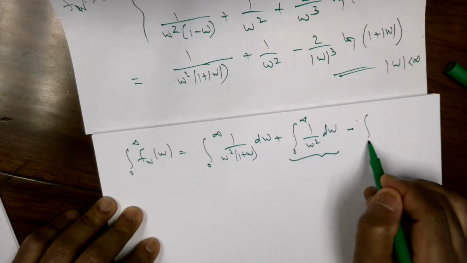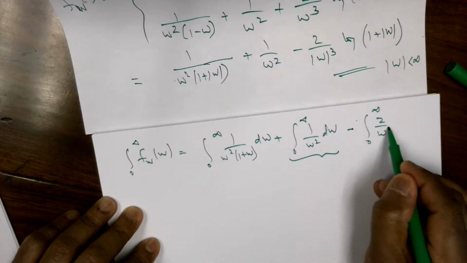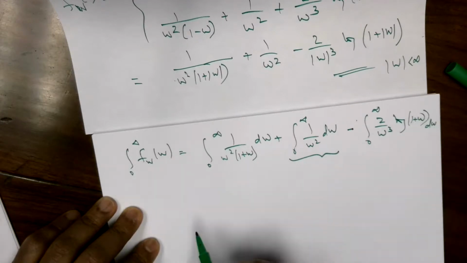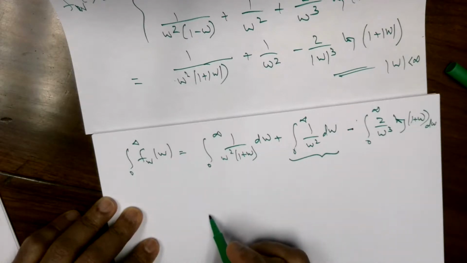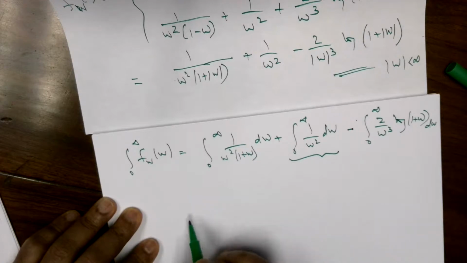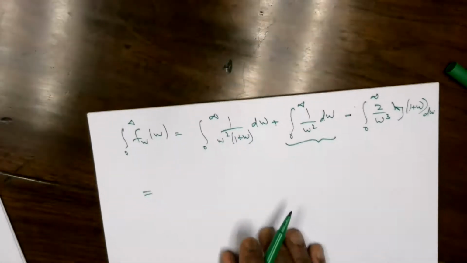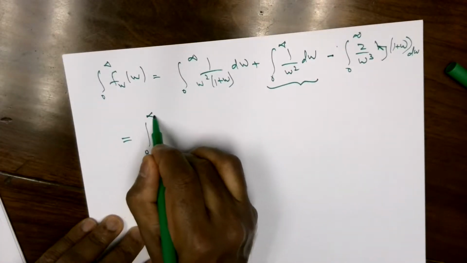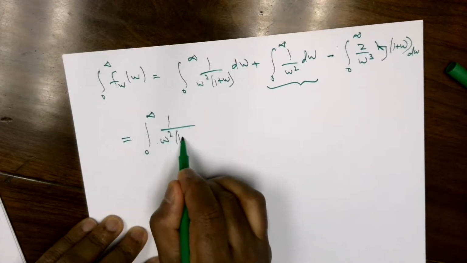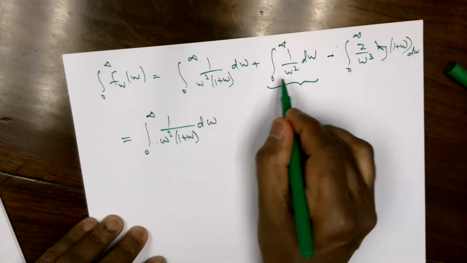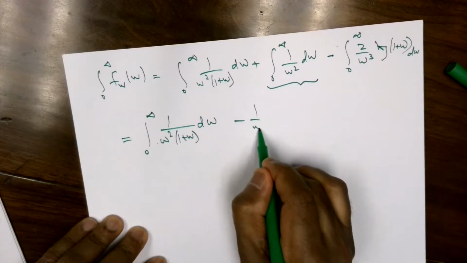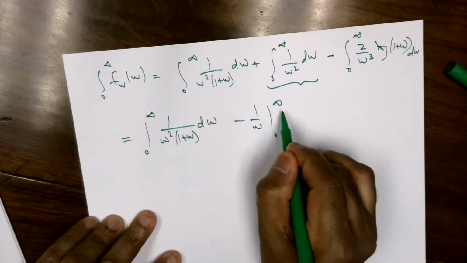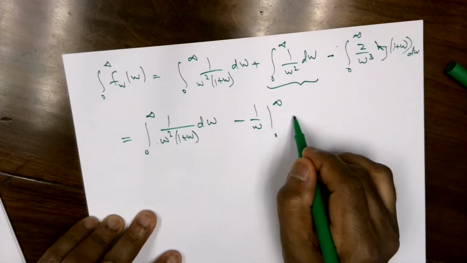Minus the integral from 0 to infinity of 2 over w cubed log of 1 plus w, dw. Let's integrate this. This is the first term, and I'm hoping it will cancel out like the other one. Here it's minus 1 over w, 0 to infinity. That's an issue, but let's keep going.